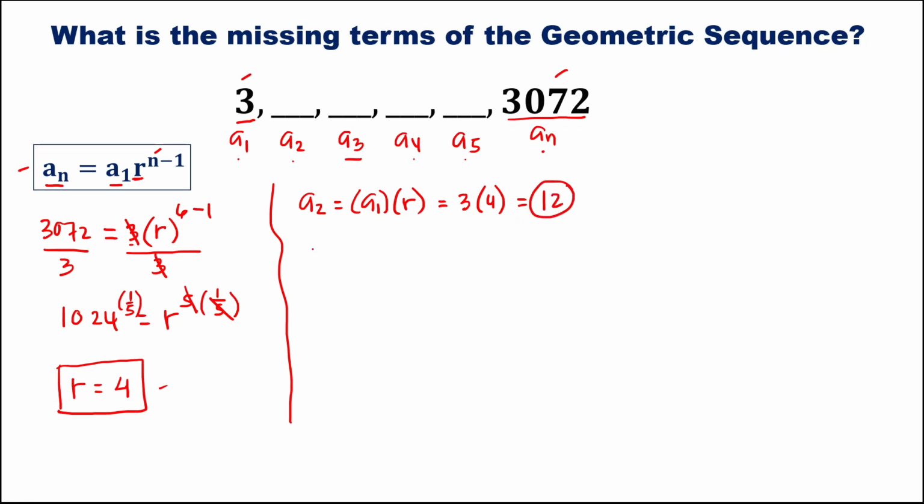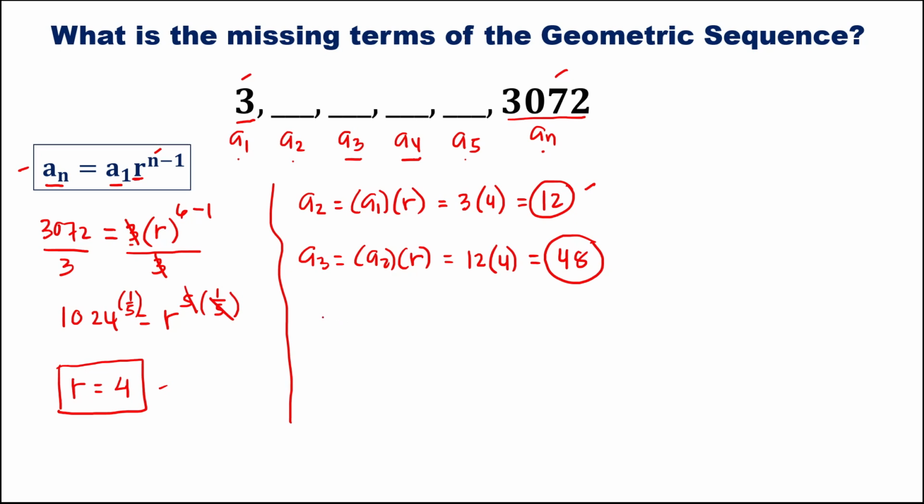Then to find the third term, this is equal to the second term, a sub 2, times the common ratio. Since the second term is 12 times the common ratio, 4, this is equal to 48. So the third term is 48.